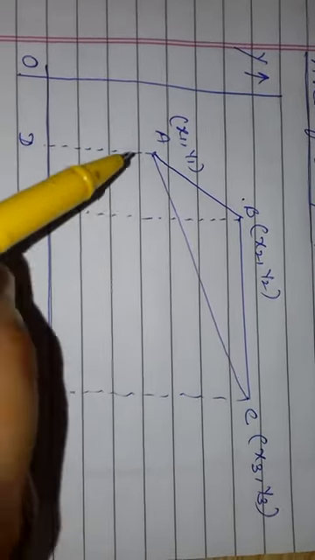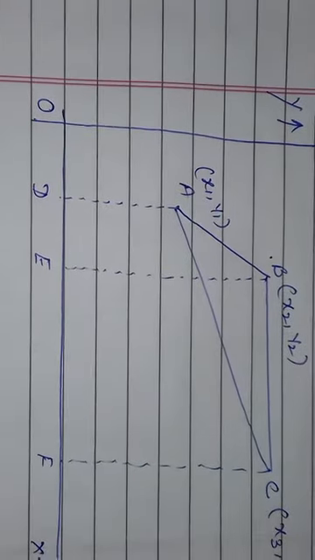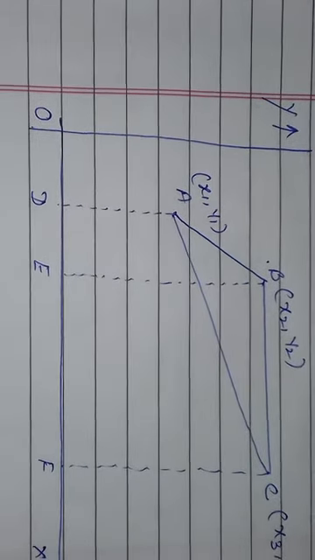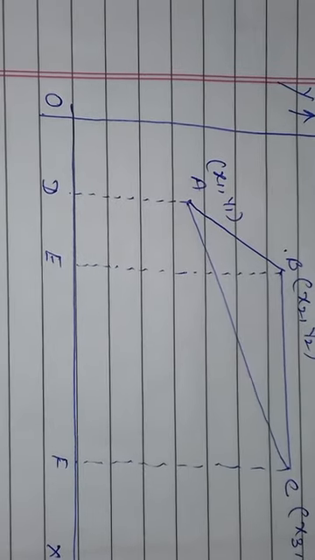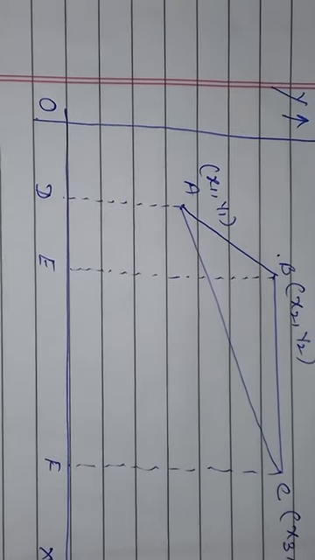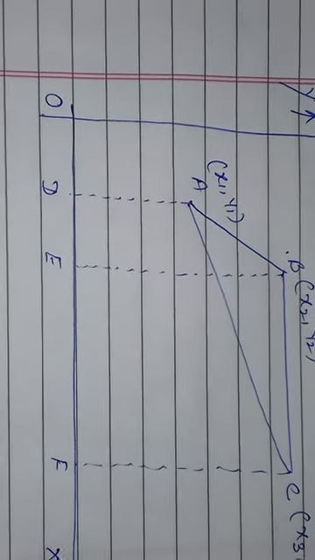Now let us find out area trapezium ABED. The formula for the area of trapezium is half sum of parallel sides into distance between the two parallel sides.